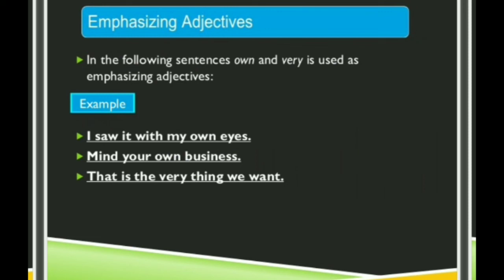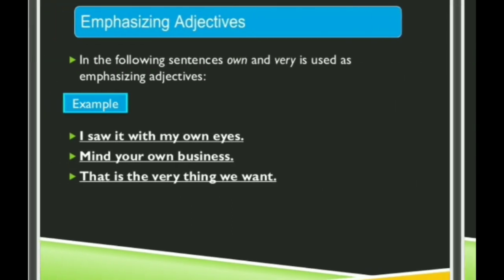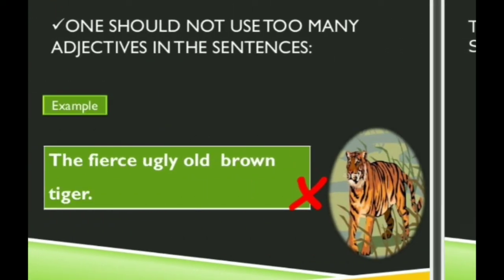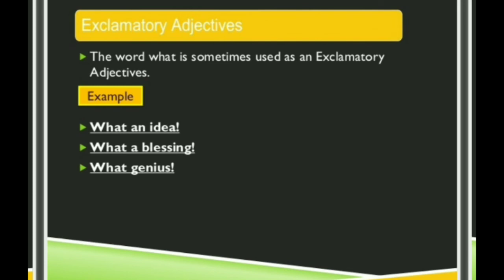Exclamatory adjective, very simple. Anything that expresses a strong emotion is called an exclamatory adjective. Sudden surprise, anger, happiness, shock, sadness, all these are expressing strong emotions.